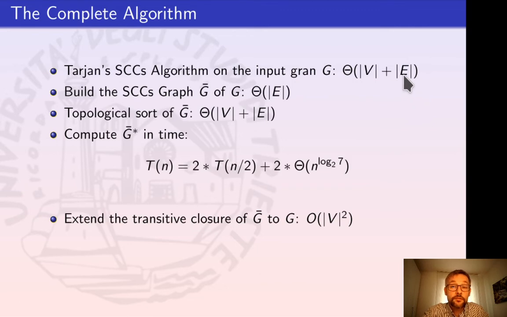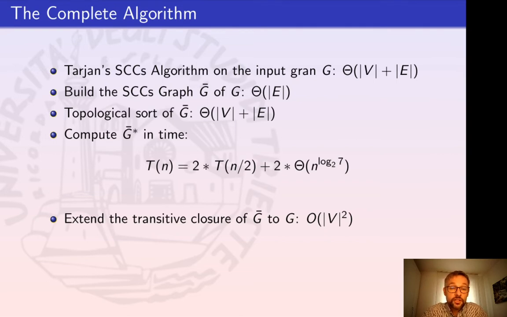Then once we have the strongly connected components, for sure we need to build the strongly connected component graph, and this can be done by scanning all the edges in the original graph. So this is the most naive, trivial way to do it.